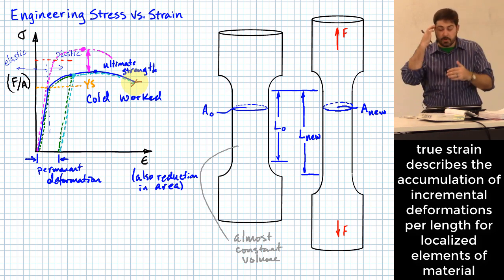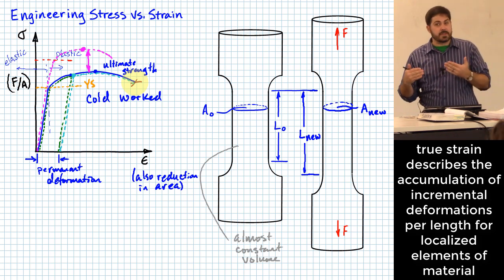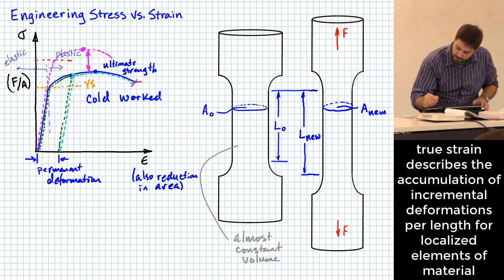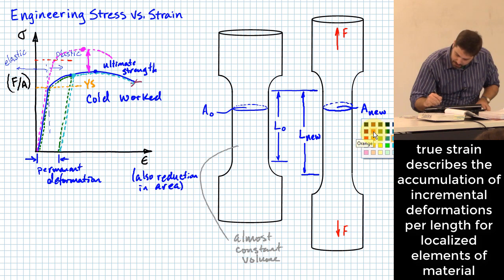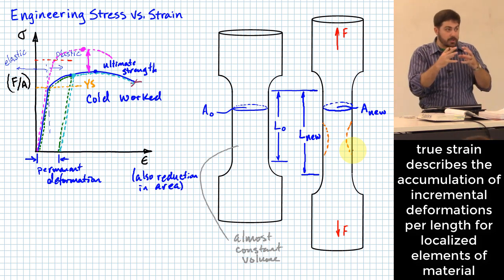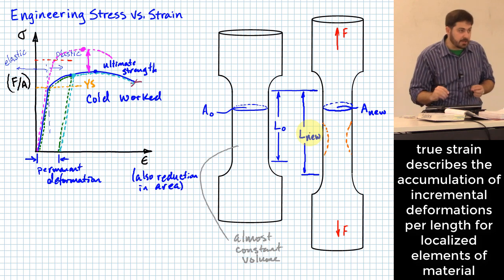One of the things that happens as you deform this body is that it undergoes what's called necking at some point, which means that it starts to deform locally at a particular location a lot more heavily than at the other locations.